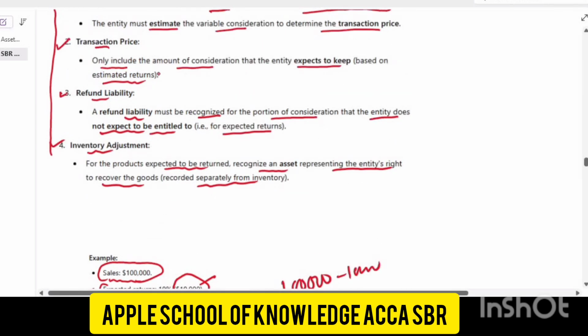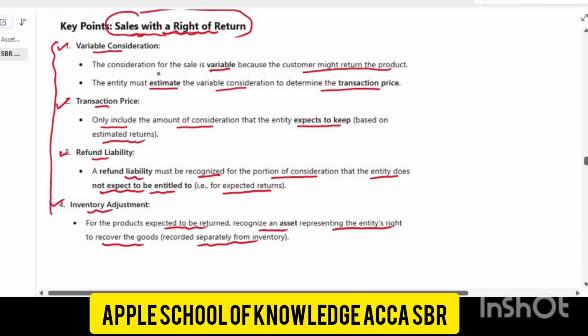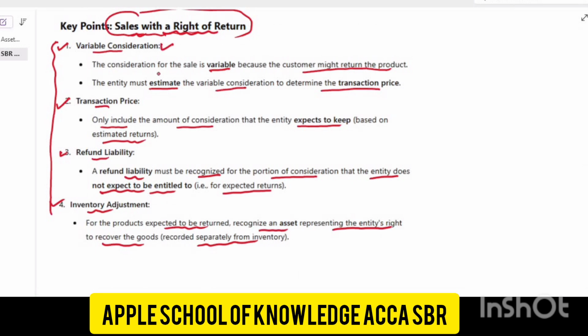Clear? Here are the steps you have to follow. First you have to work on the variable consideration, then you have to calculate transaction prices, then the refund liability, meaning the right of returns, the recognition of the asset which is going to be returned, and then inventory adjustment. You have also to recognize those.